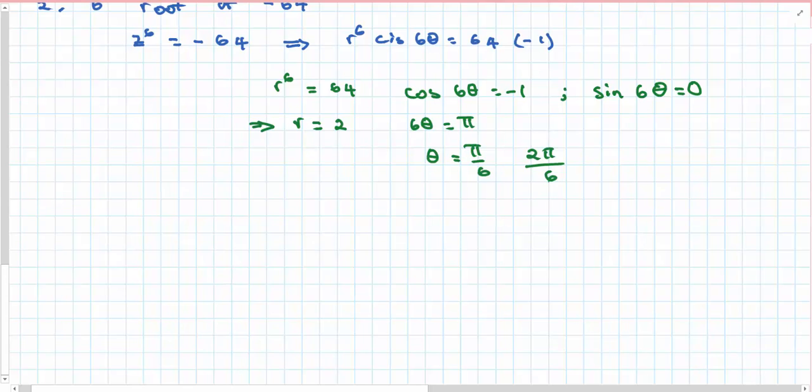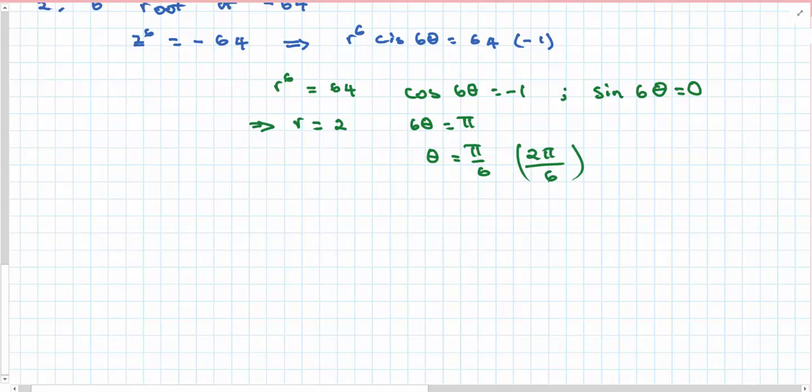And we're going to add and subtract lots of these 2 pi on 6's until we get our 6 solutions. Now I could go and simplify this 2 pi on 6 to pi on 3, but then I need to keep in mind my fraction additions and subtractions.